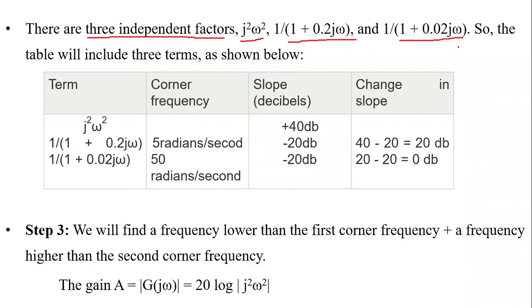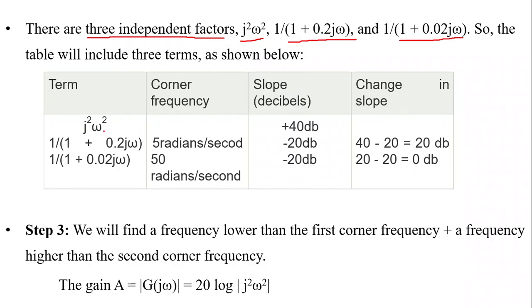We have to prepare for these three factors. In the tabular column we have 4 columns. The first is the term in the transfer function, the second is the equivalent corner frequency, and then the slope in decibels and the change in slope, also represented in dB.